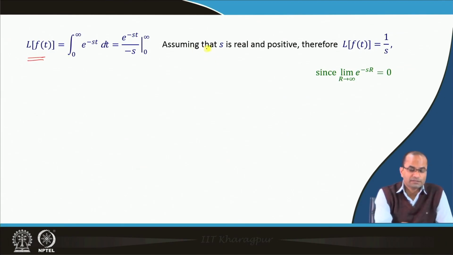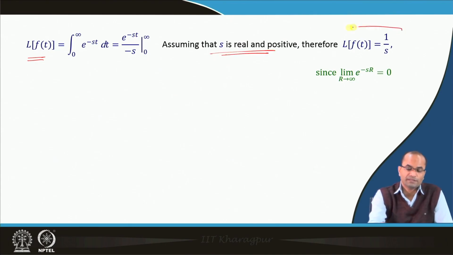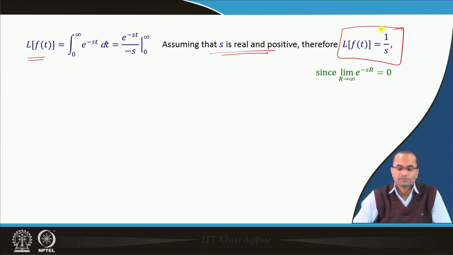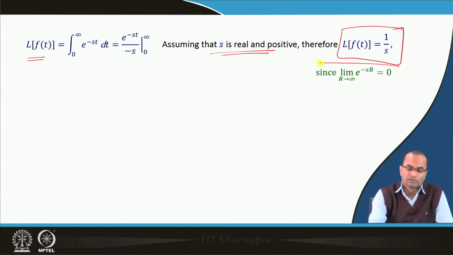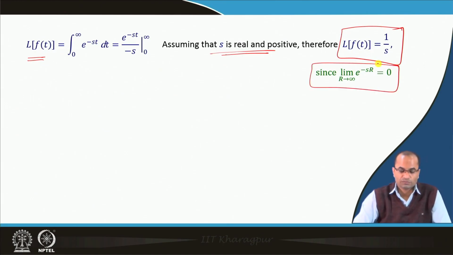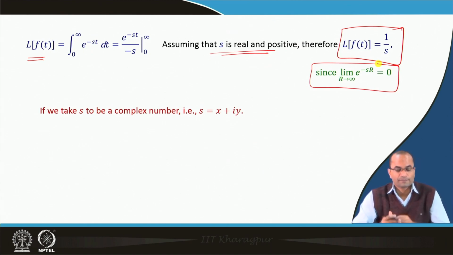Now, since s can be real and positive, a situation we have seen, the Laplace transform is 1 over s, and the reason was that this limit was going to 0. But what will happen if we take s to be a complex number, because we are free to take s complex as well?